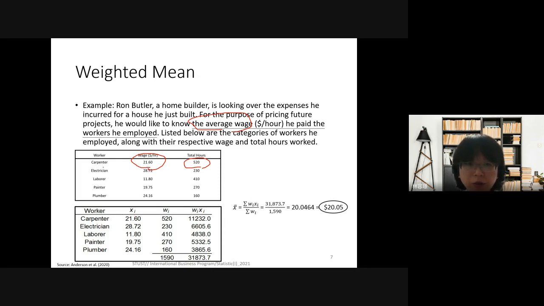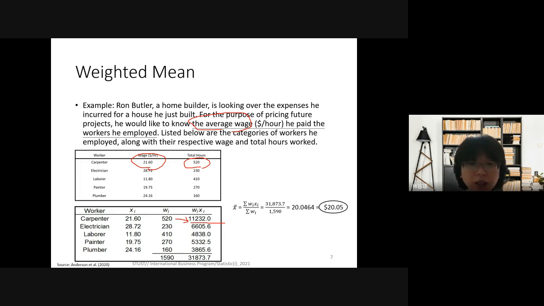For the carpenter, its wage is 21.6 and its total working hours are 520. So the money you paid for them is the wage multiplied by the total hours.